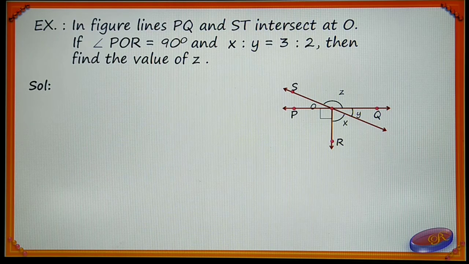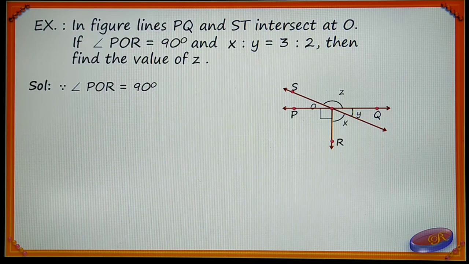Since angle POR is equal to 90 degrees, therefore angle QOR is equal to 180 degrees minus angle POR, because they form a linear pair. So, angle QOR is equal to 90 degrees.